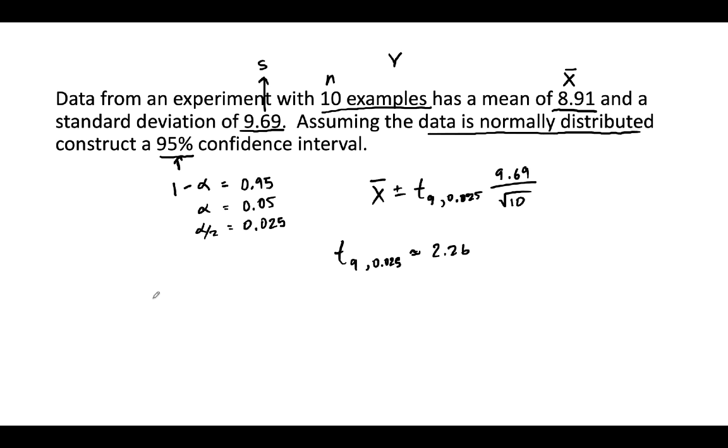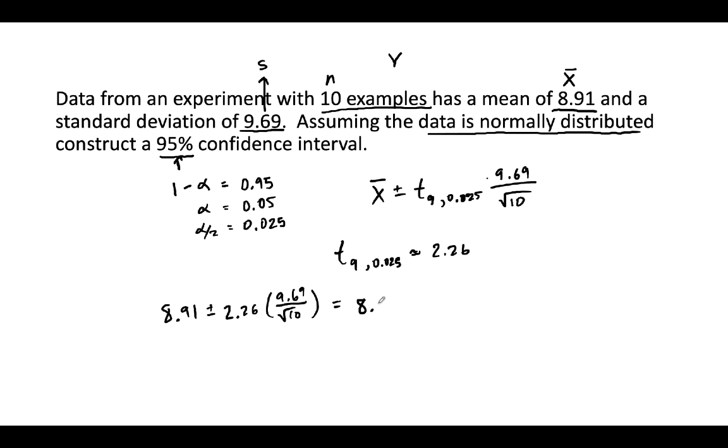One value I forgot to put into the equation, but there's no issue, is x bar. I have it right there, so let me put it in this time. Okay, so I have all my values now: 2.26 times 9.69 over square root of 10. Now it's just a calculator problem, so let's go to our calculators.